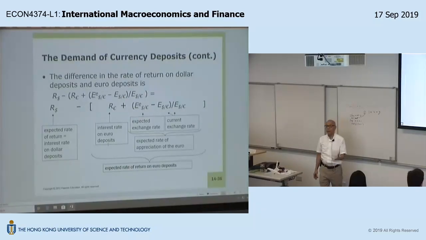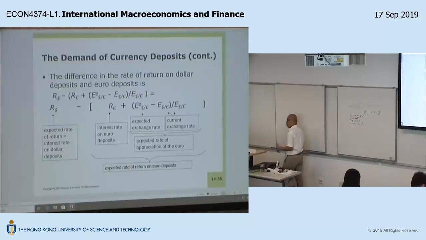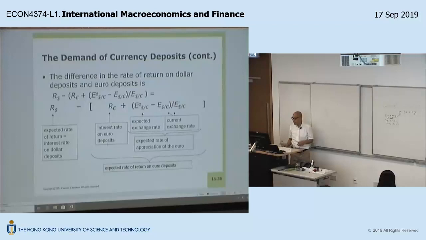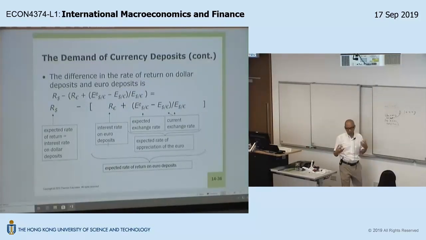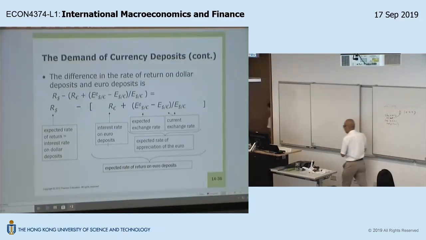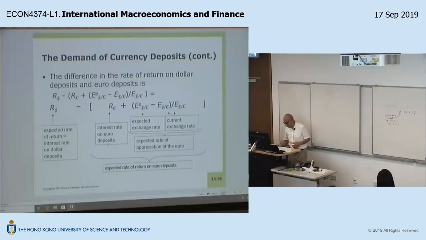Some people may still keep some euro deposit, and some people keep US dollar deposit. But when we do this kind of analysis, we're pretending that the market is just one person. That's what we're assuming.